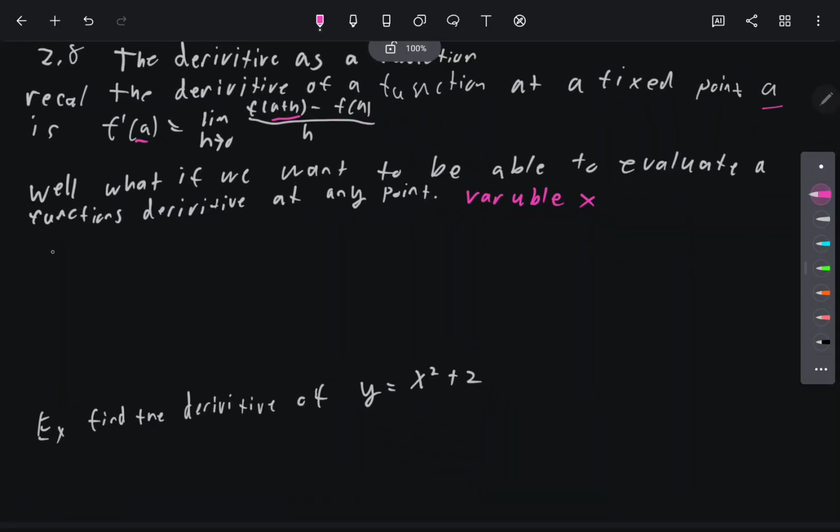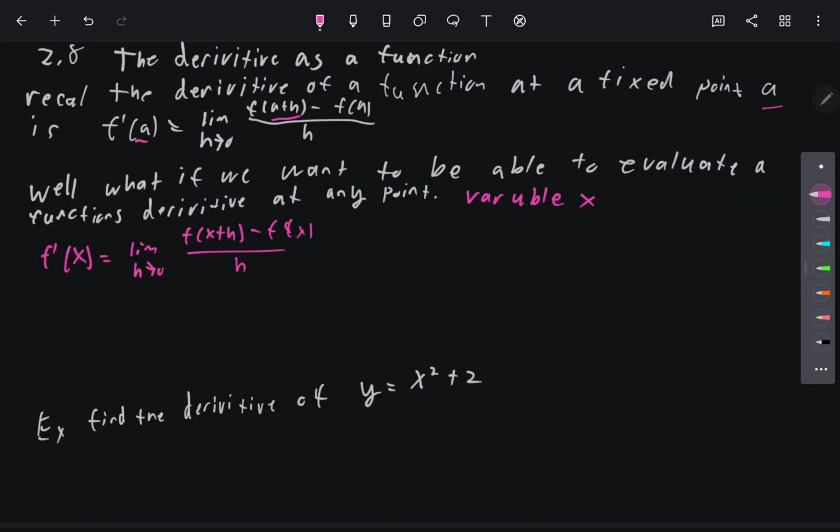So what we're going to say is f prime of x is equal to the limit as h approaches 0 of f of x plus h minus f of x all over h.